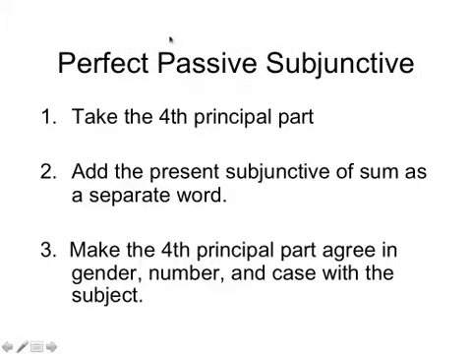Okay, let's talk perfect passive subjunctive. So what you're going to do is take the fourth principal part, like any passive past verb form. Then you're going to add the present subjunctive of sum, which is that sim, sis, sit, and you're going to add that as a separate word. And then step 3, you're going to make that fourth principal part agree with the subject in gender, number, and case.